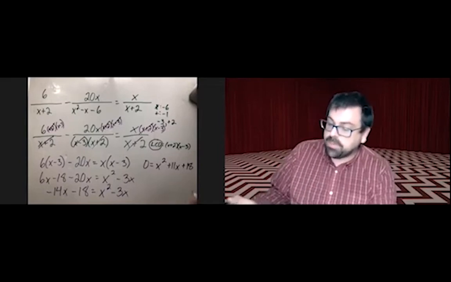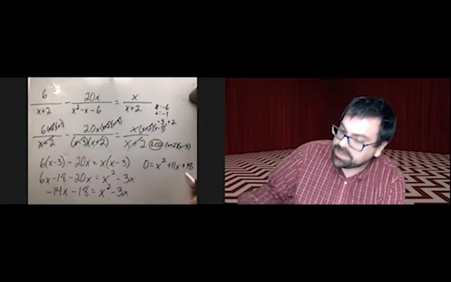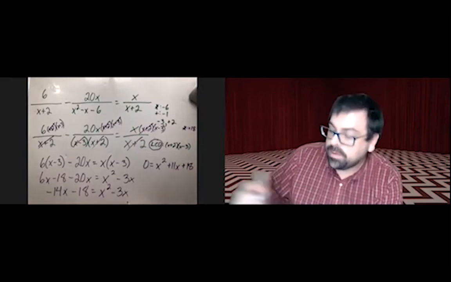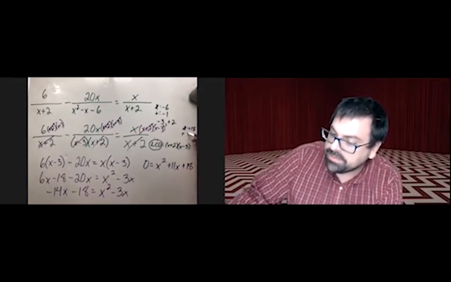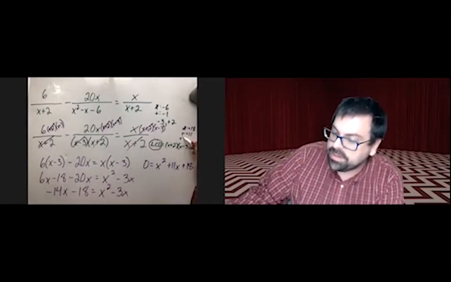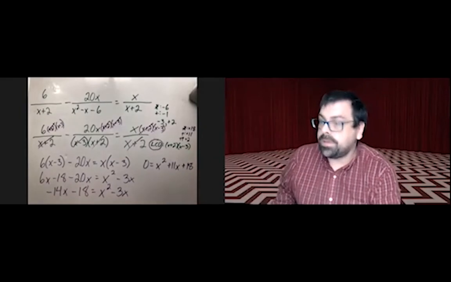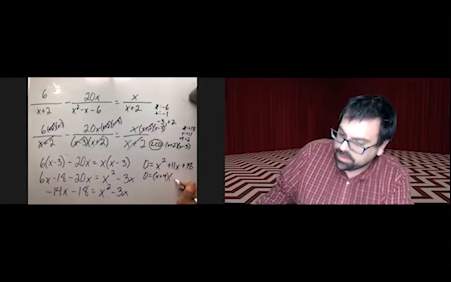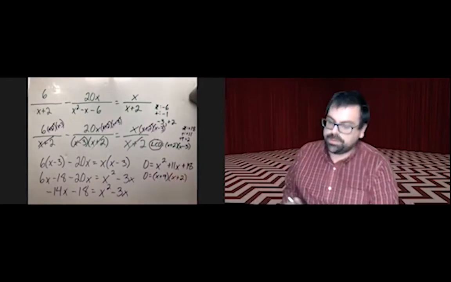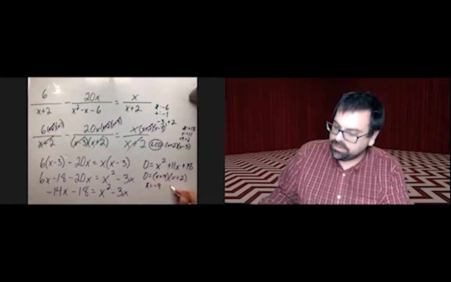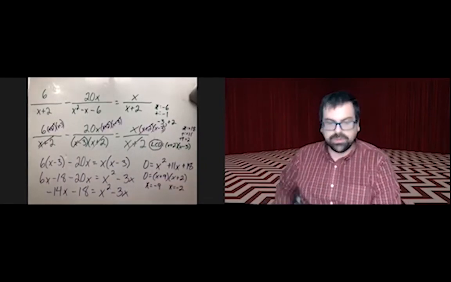We need numbers that multiply, this time to positive 18, and add to positive 11. This is plus 9 and plus 2. x plus 9, x plus 2. So we get x equals negative 9. We get x equals negative 2.